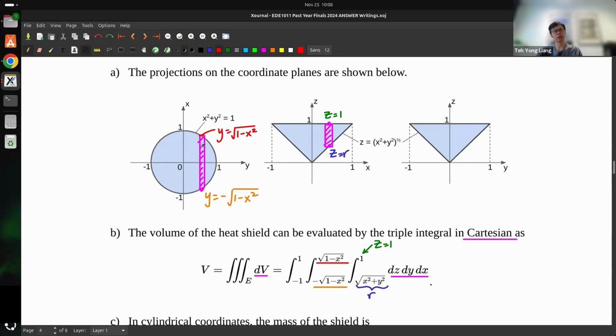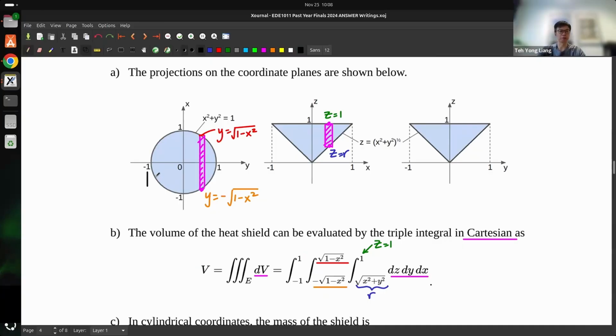So in fact, you are looking at the unit disk on the xy plane here. Then obviously the final bounds for x are minus 1 to 1. So the final bound for x should be pretty clear.